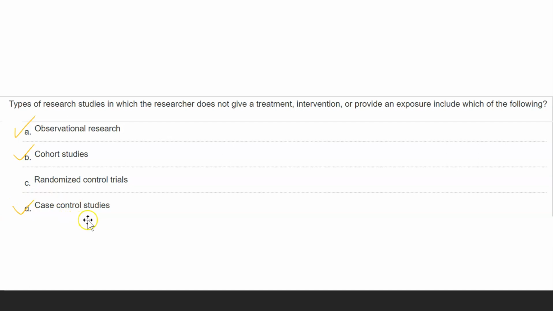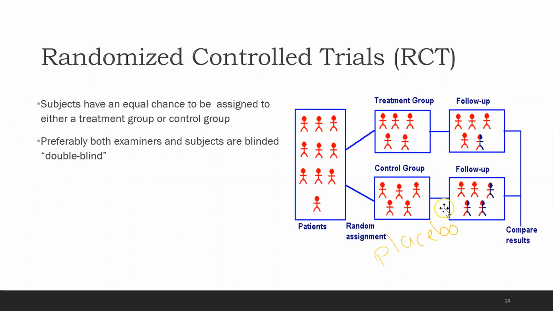That's case control study. A randomized control trial is when you give them an intervention, when you give them a treatment. So if we go back to our randomized control trial image over here, you are giving them a treatment. You're giving them the electric toothbrush and you're following them over time. Your control group, they're continuing on with their manual toothbrush and you're following them over time.